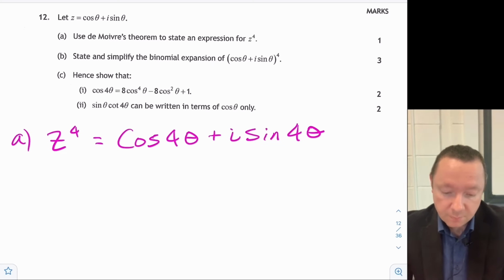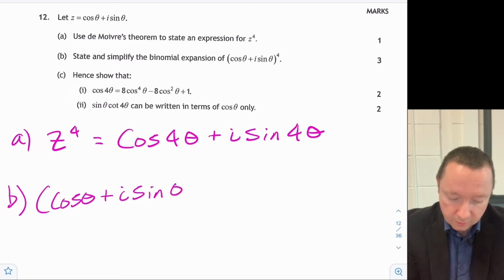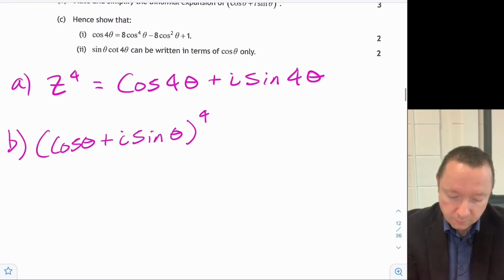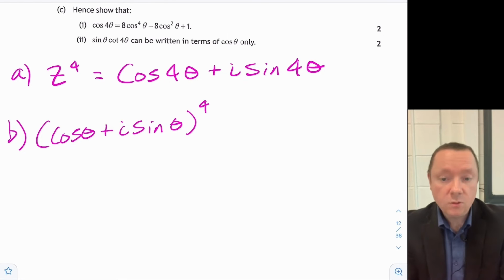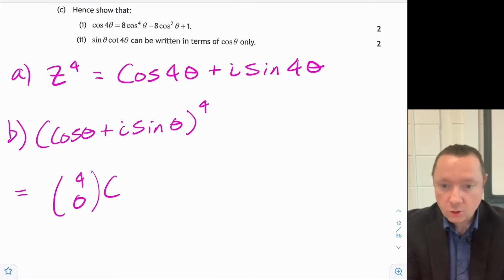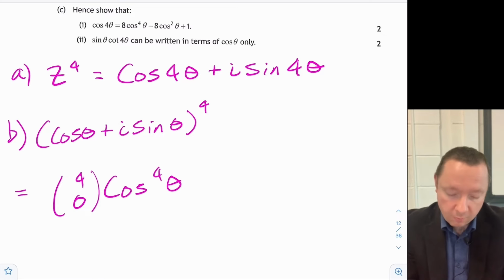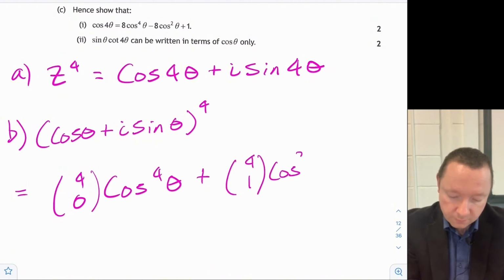Question B, state and simplify the binomial expansion of cos theta plus i sin theta to the power of 4. So we've got cos theta plus i sin theta to the power of 4. I'll need quite a bit of space for this one. So we've got 4 choose 0 of cos to the power of 4 theta. And then we'll have 4 choose 1 cos cubed theta, i sin theta.